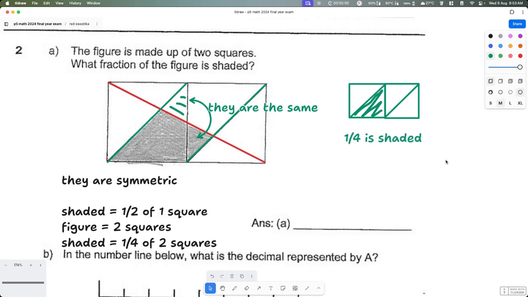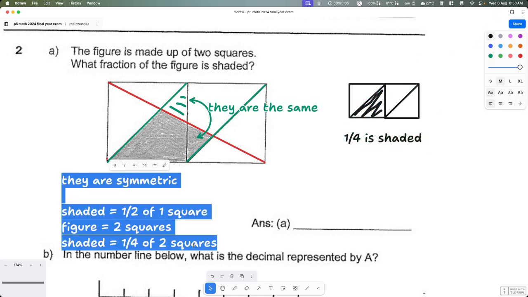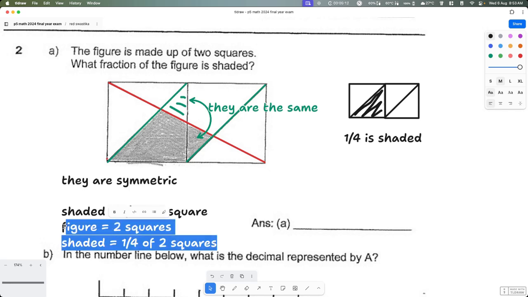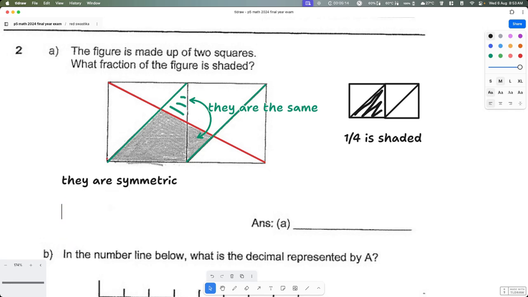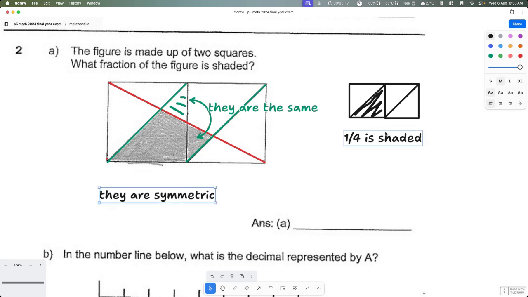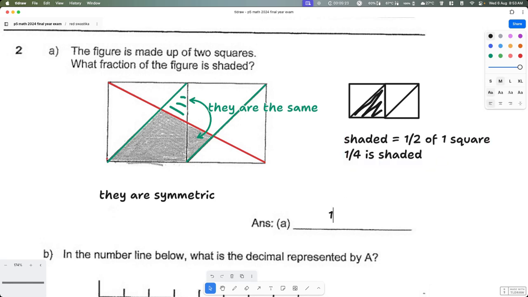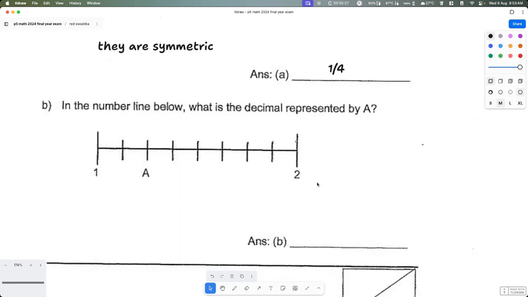All right, if that makes sense. They are symmetric, so shaded is half a square. So 1/4 is shaded, so you just put 1/4. Okay, let's move on to the next one.